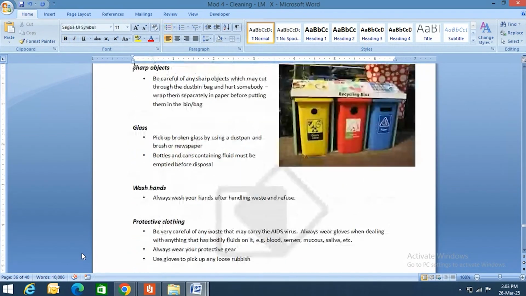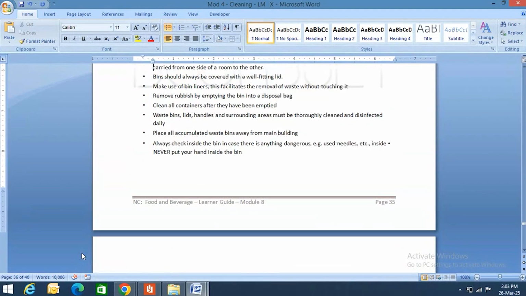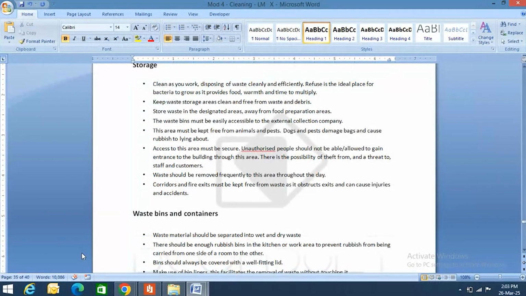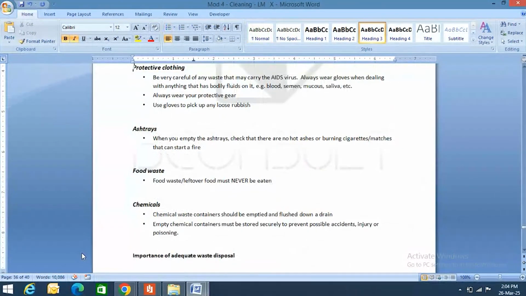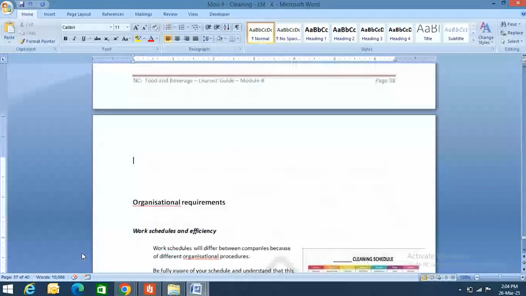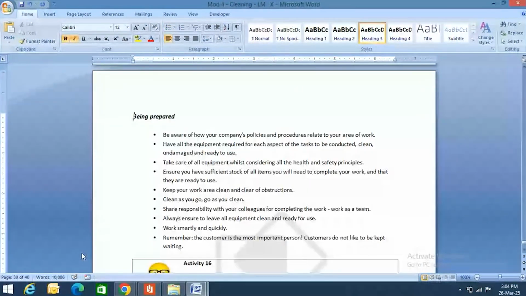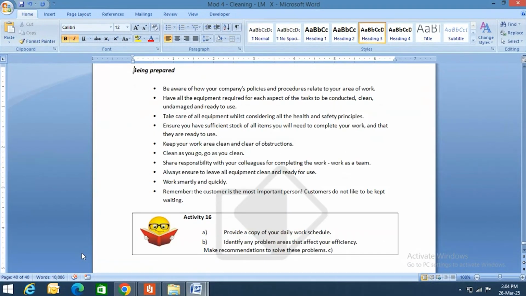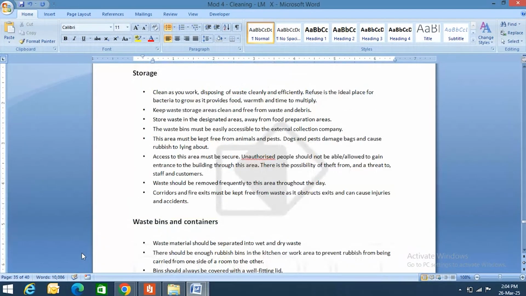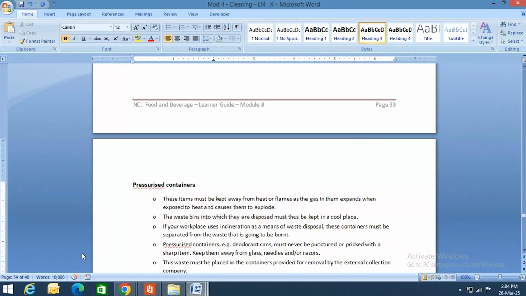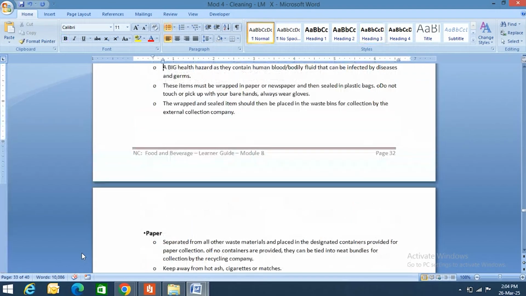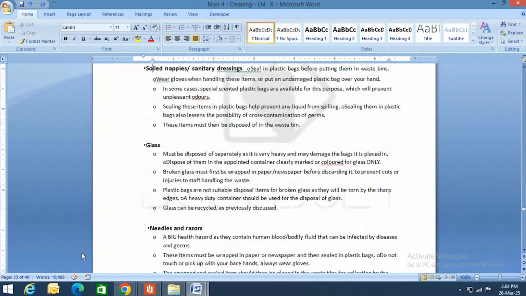Here it is. Okay, guys, I found it. They're asking us about how we dispose of sanitary items, paper, glass, needles, all of it.